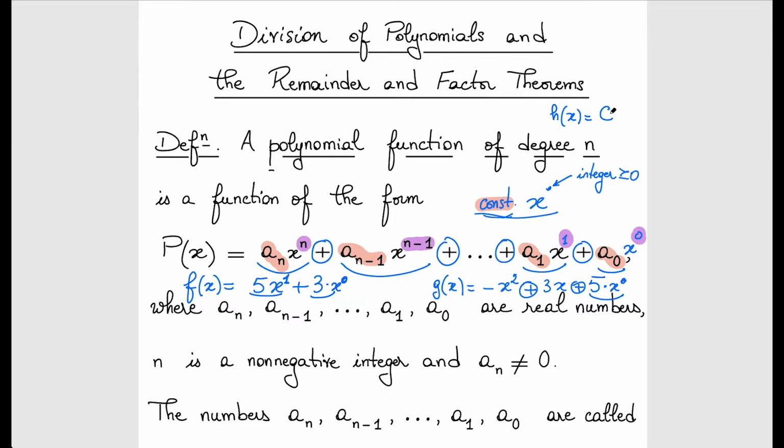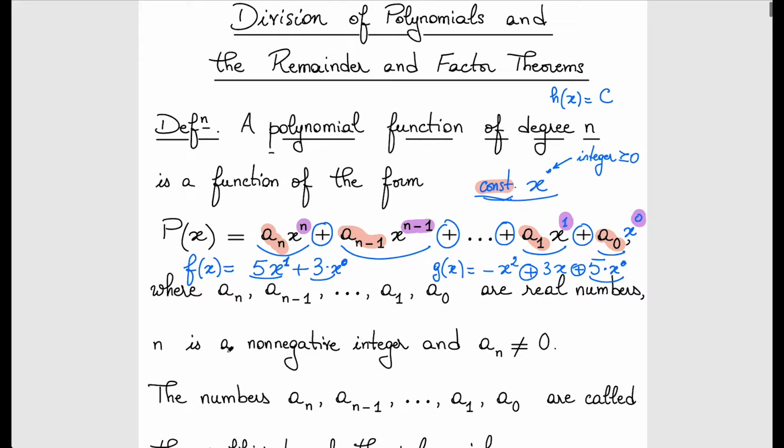So any constant is a polynomial, and hence you can think about polynomials as a generalization of numbers. Okay, so this is the point I wanted to make here.